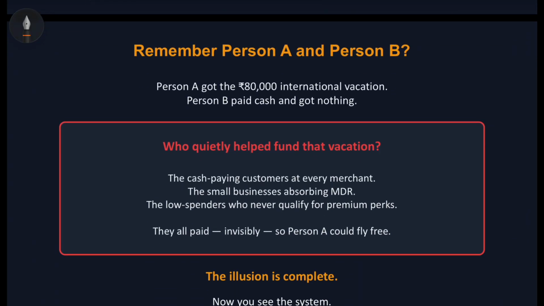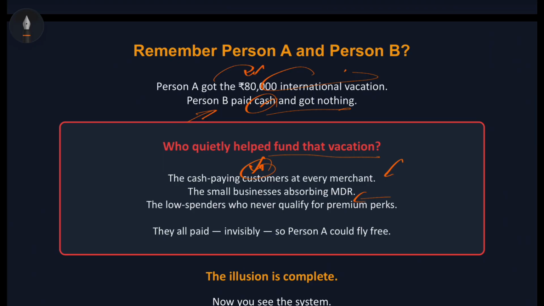Remember that person A and person B comparison that we did earlier. See, person A was able to get an 80,000 international vacation, and person B who paid in cash got nothing. But who quietly helped them fund that vacation? The cash paying customer, customer B at that very merchant, was able to fund that reward.